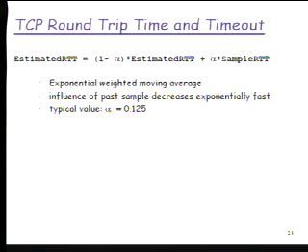The first timeout value, I think, is 500 milliseconds, a default value or something like that. But as soon as you start getting samples, you forget history. So it gets averaged out. So there is a default value that you start with, but very quickly the connection forgets that default value and adapts to the right value.